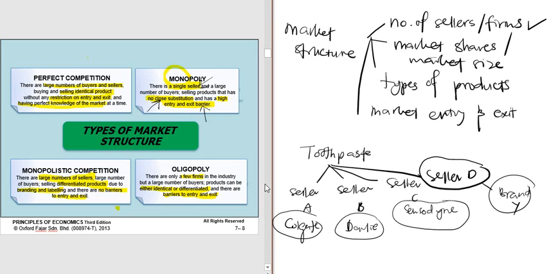They are selling either identical or differentiated products. They can sell the same product as the other firms, or they can sell different types of products, and it's quite hard for other firms to enter the market and exit from the market.